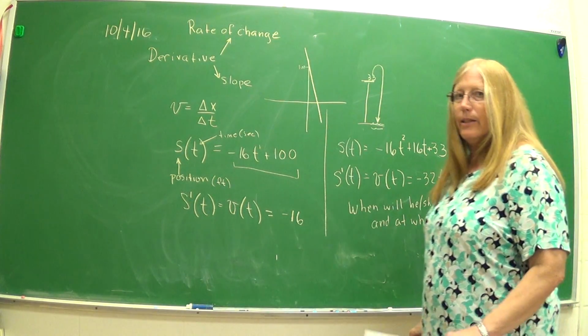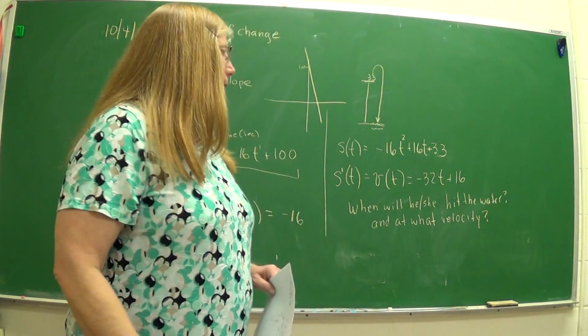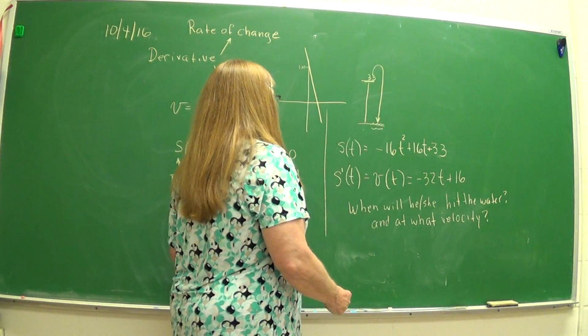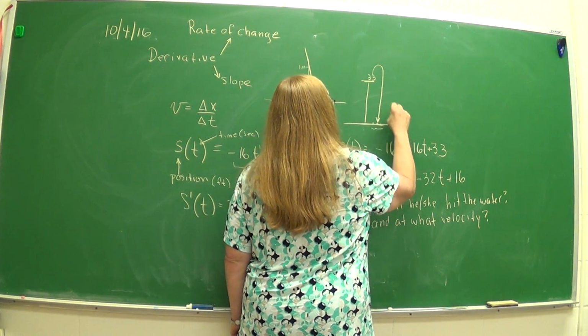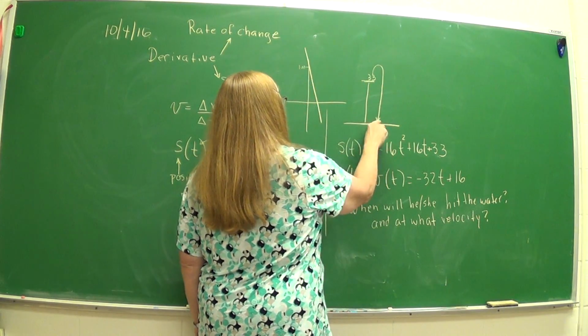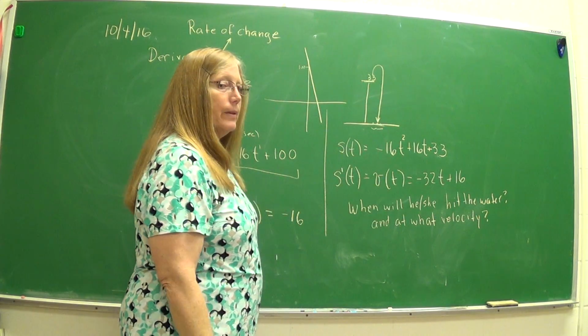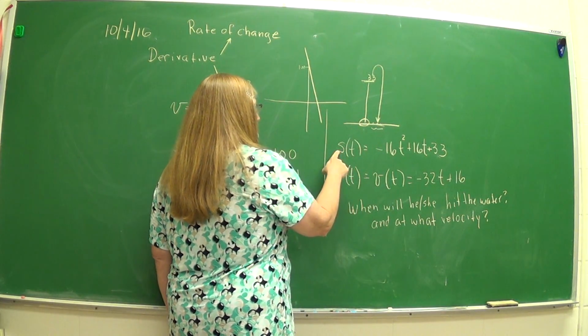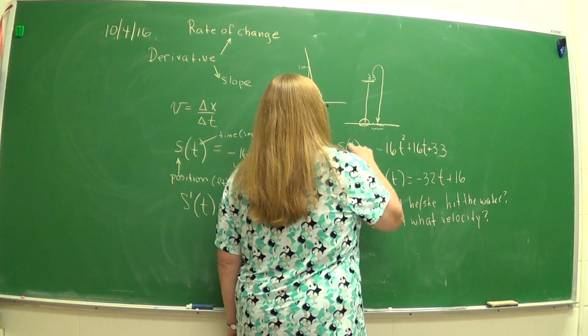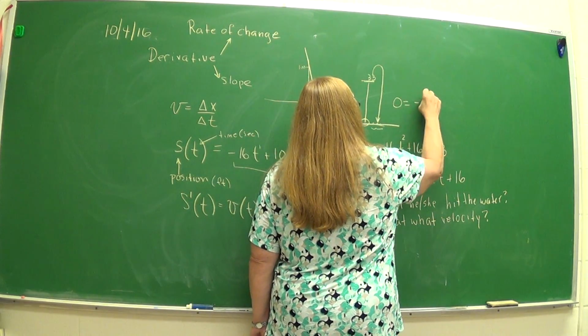To answer that question, let's start with when will she hit the water. If we started at 33, what's the position right when they enter the water? The position is 0. So I'm going to take the position function and put a 0 in there and solve that.